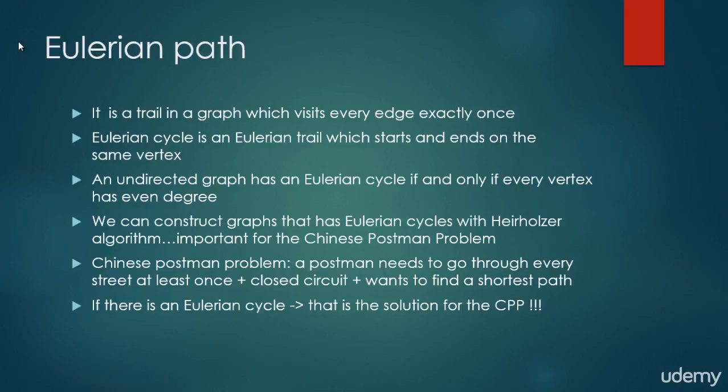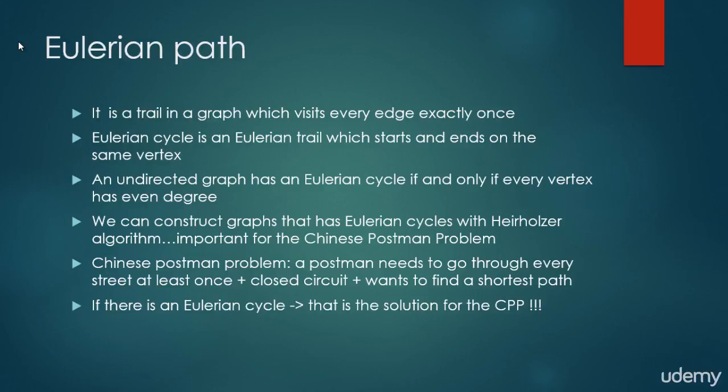Let's talk a bit about the Eulerian path. It is a trail in a graph which visits every edge exactly once. So what's the main difference between Hamiltonian and Eulerian path? A Hamiltonian path visits each node, each vertex exactly once, and an Eulerian path visits every edge exactly once.